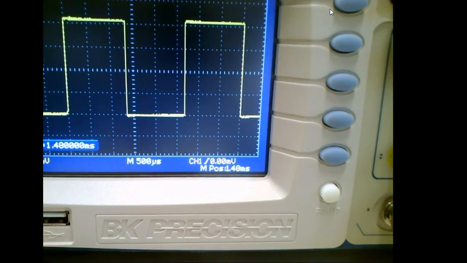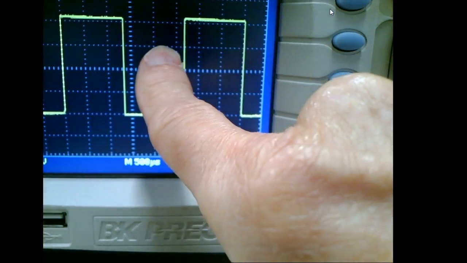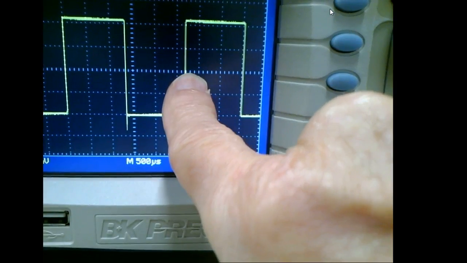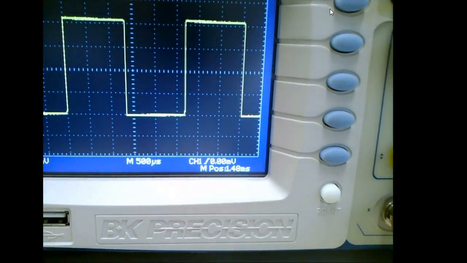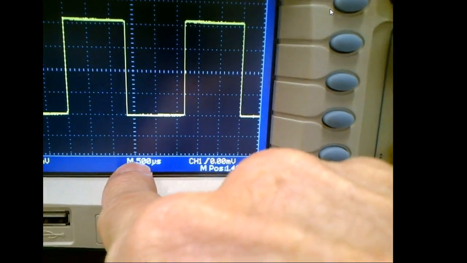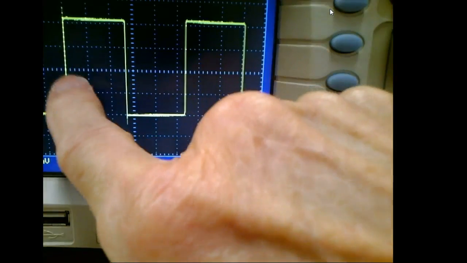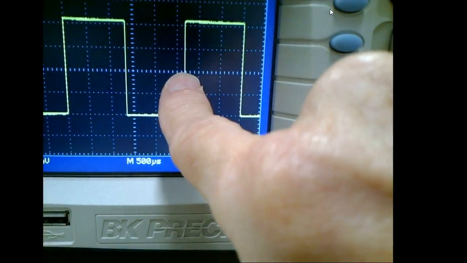So what would be my time? 1, 2, 3, 4, 5.25, right? Because I'm halfway through. Multiply that times that, and that should give me my time. Actually, it should be 0.5. What was it? 1, 2, 3, 4, 5.21.